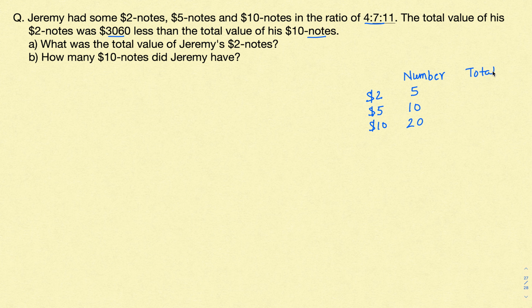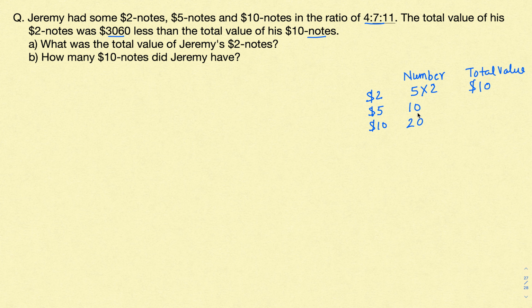So the total value, if I have to write it, will be what? For $2 notes, since I have 5 $2 notes, it will be 5 times 2, that will give me $10. So the total value of my 5 $2 notes is $10.